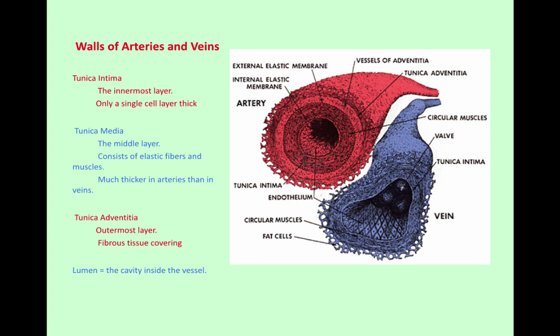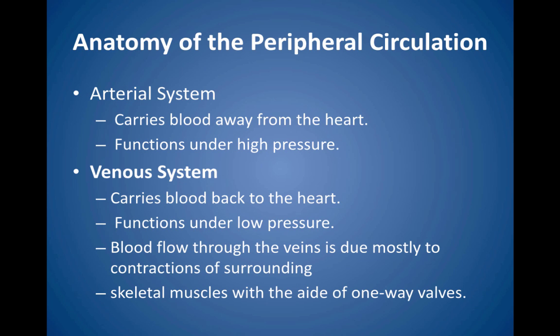You'll notice that on the artery, everything is more robust and muscular, versus the venous system, which primarily, remember, relies on the movement of the body and the closing of valves to help get fluid going back to the heart.